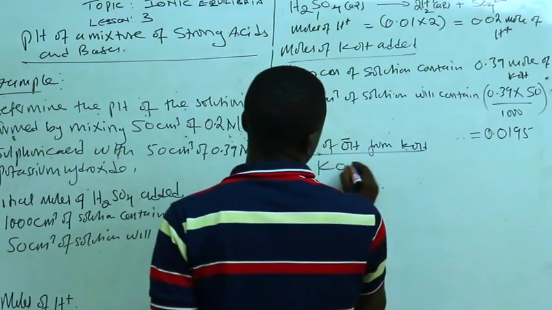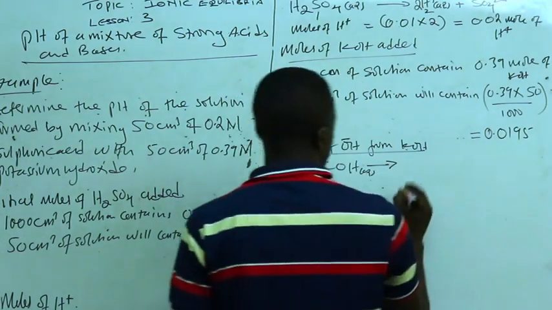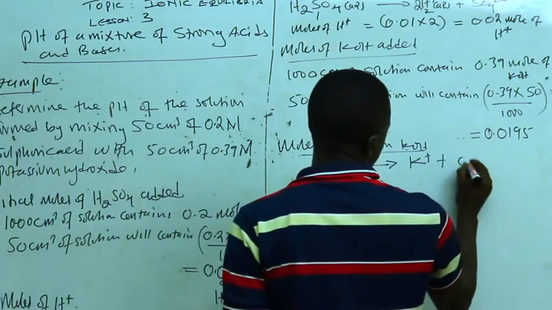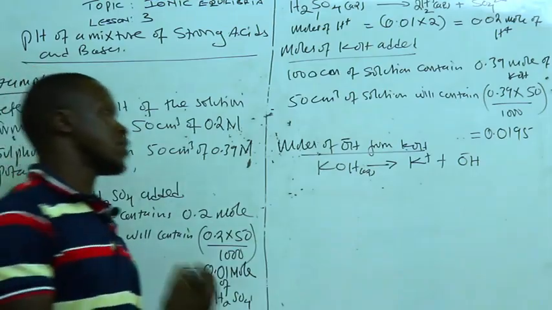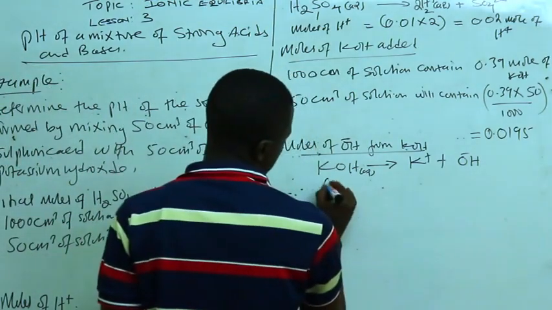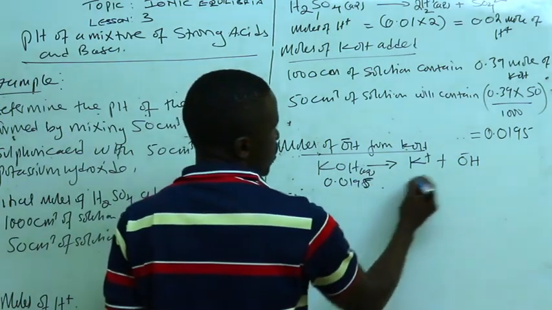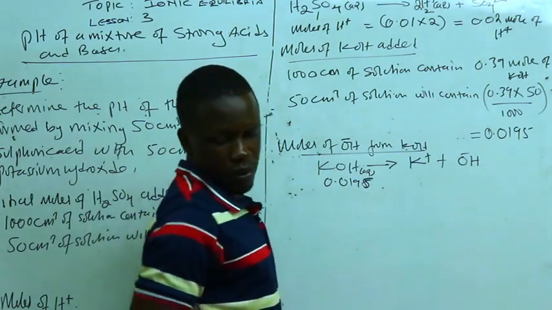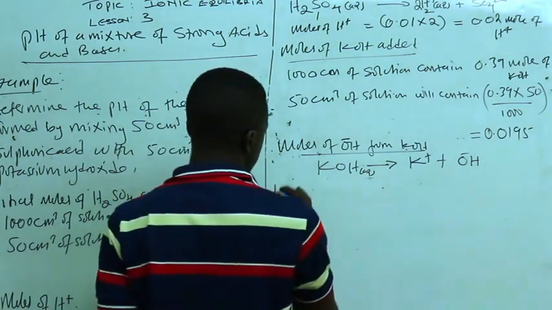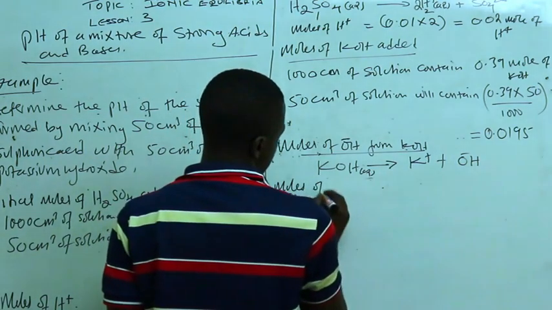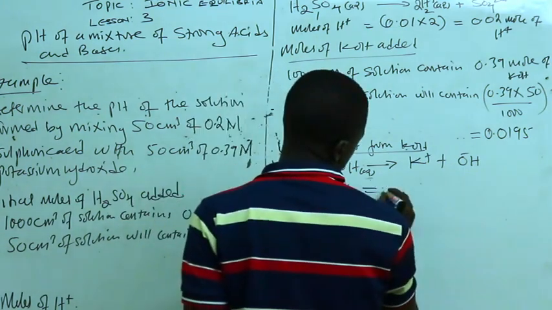When potassium hydroxide dissociates completely, it would give us potassium ions and OH ions. And in that case, if this is 0.0195, then by mole ratio the moles of OH ions should be the same, 0.0195.